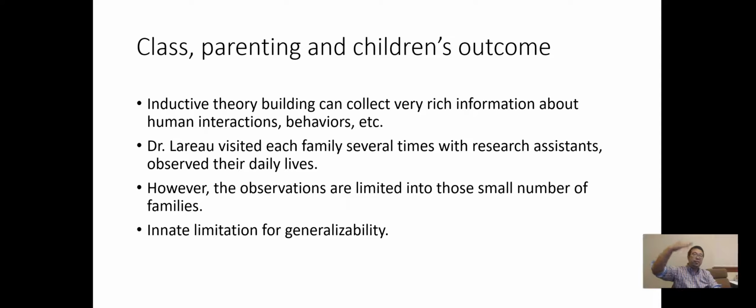And after accumulating very rich information on their communication and parenting style, they made the argument that there would be class differences in parenting. So that was their conclusion. So that was very, very good.